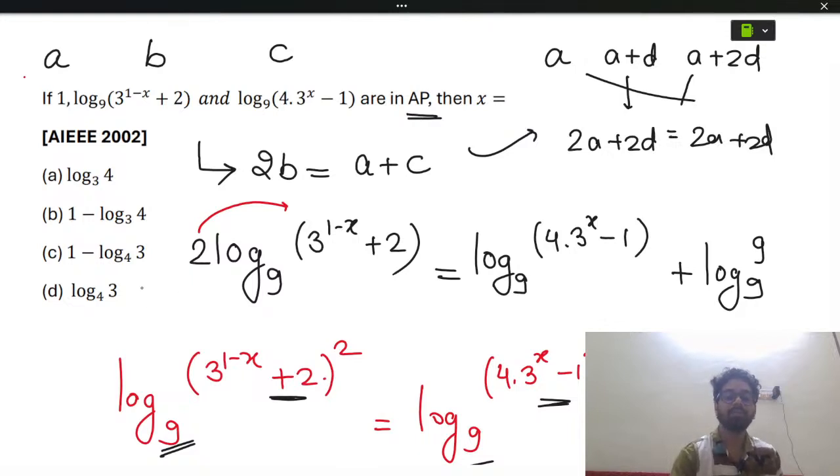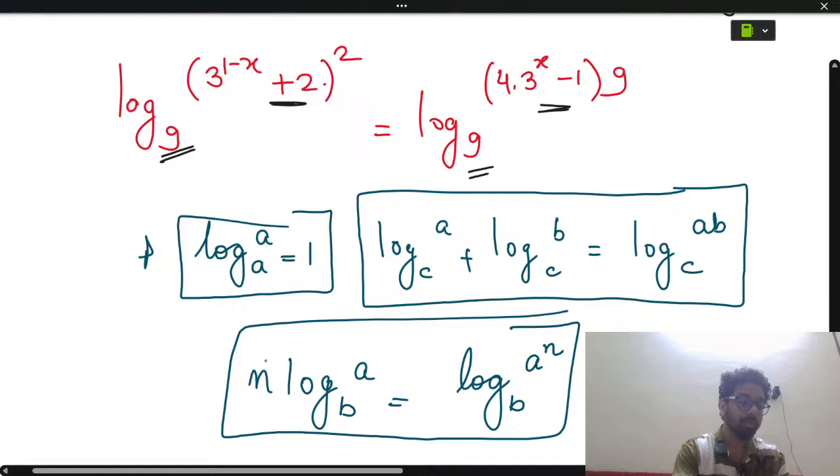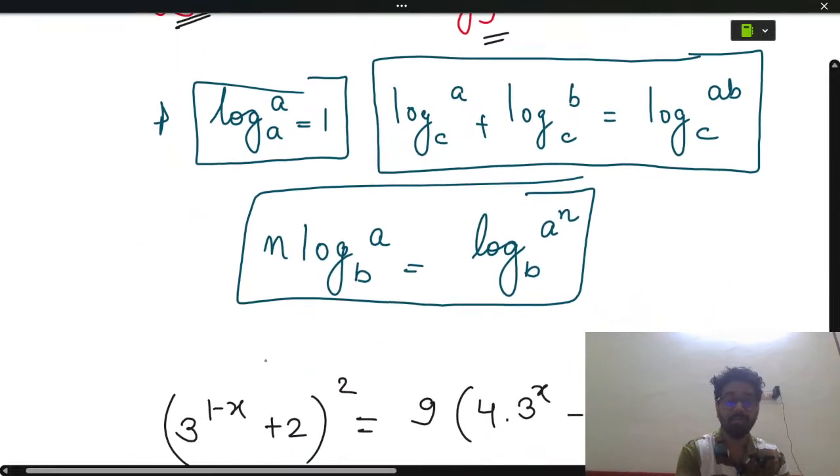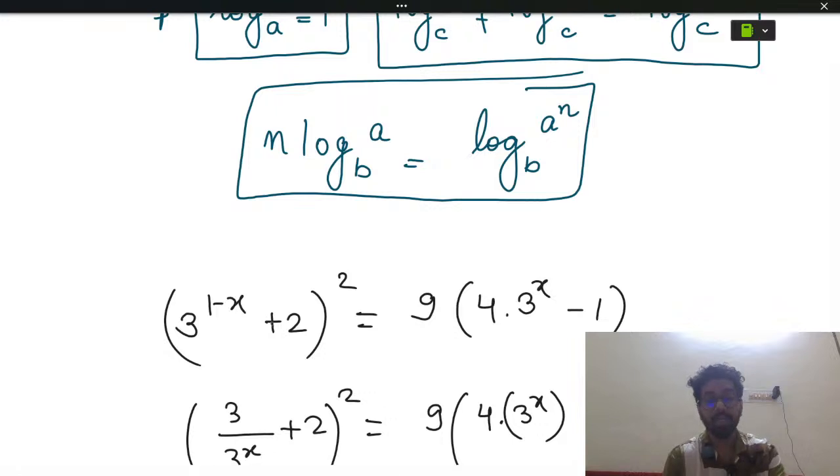Then I sent this power over here, which makes this 3^(1 minus x) plus 2 whole square and 4 into 3^(x minus 1) into 9. This is one thing we have done. Then I gave you the logarithmic properties that we have used. Then we assumed that 3^x is equal to r.